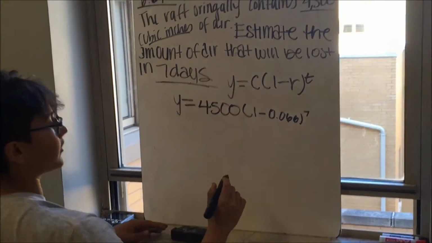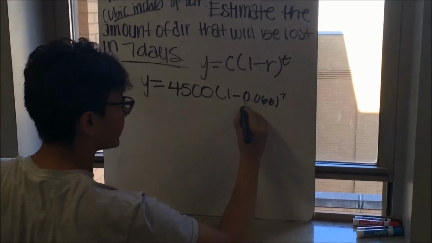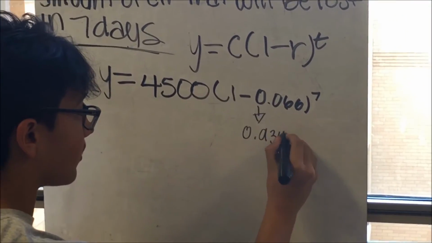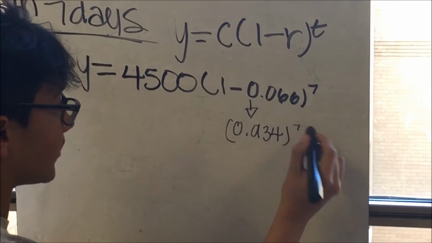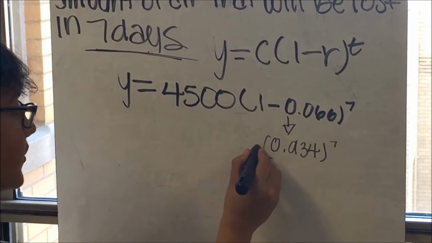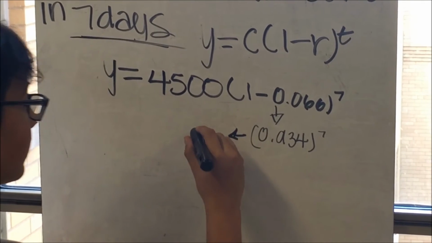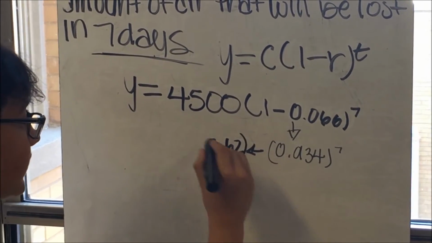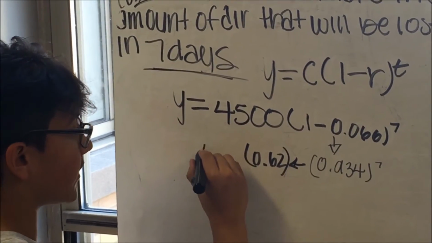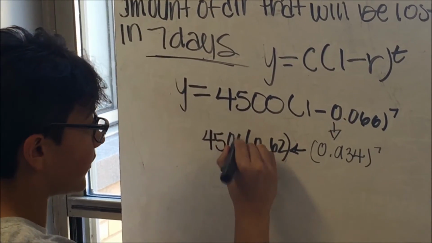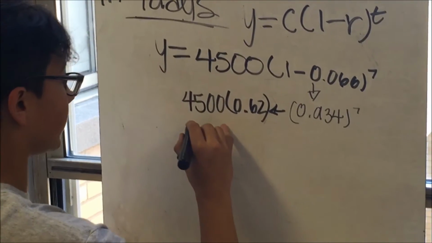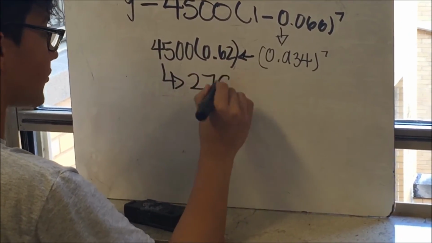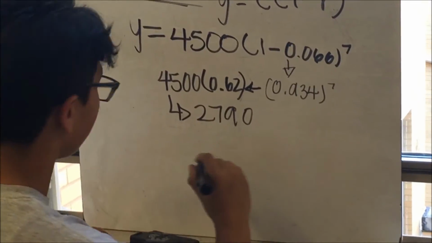This brings down to 0.934 to the exponent of 7. That turns into around 0.62. Then we take 0.62 and multiply it by 4,500, and that turns into 2,790.